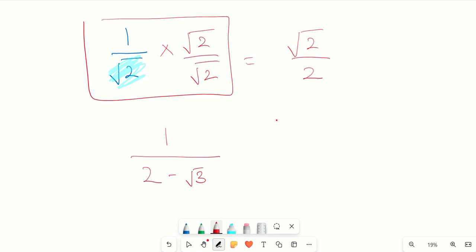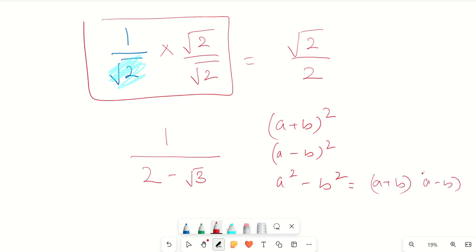We all have done three identities: a plus b whole square, a minus b whole square, and a square minus b square. Now just see, if I do a square minus b square, what is it? a plus b times a minus b. All of us know about these identities. I only want you to realize how these identities are helping us.